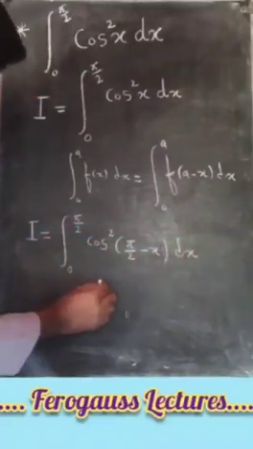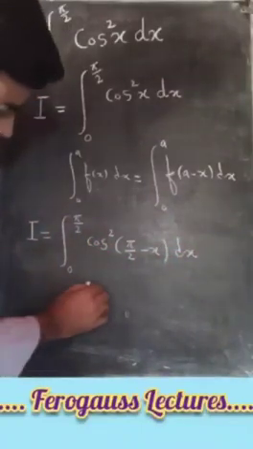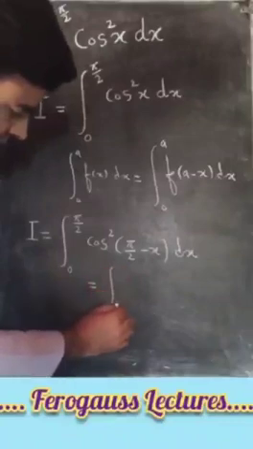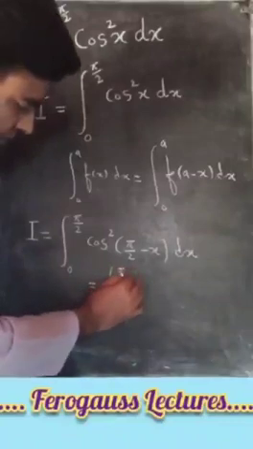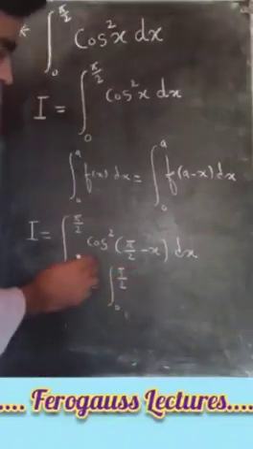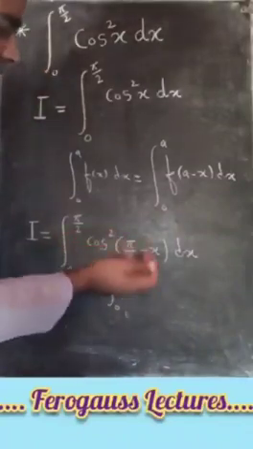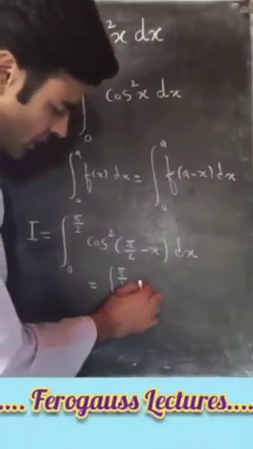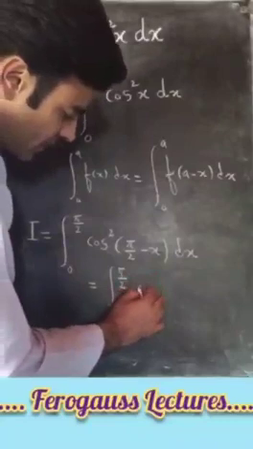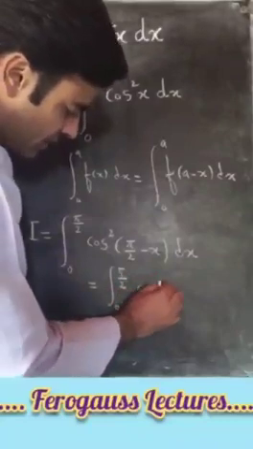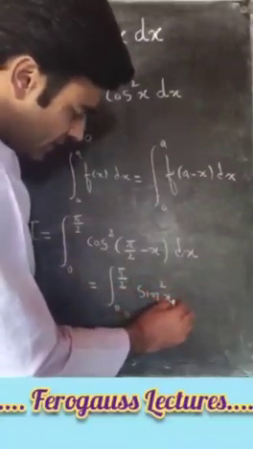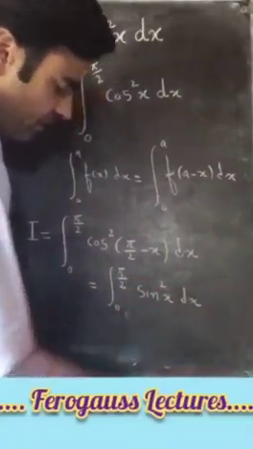That is equal to integral 0 to pi by 2, and we know that cosine of pi by 2 minus x is equal to sine of x, so we get sine square x dx.